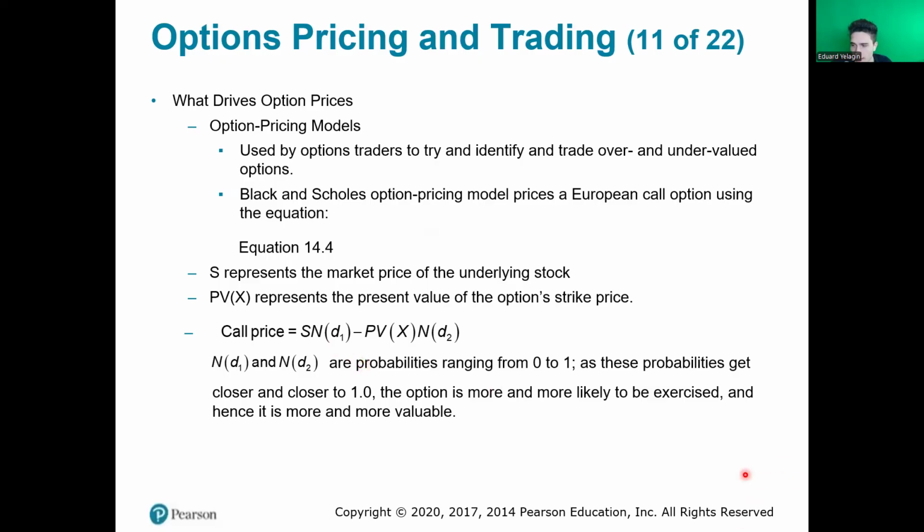Then we subtract the present value of the strike price, which is in our contract, multiplied by another probability: the likelihood the option will end up in the money. In a sense, we can view this formula as the idea that the stock price follows a random walk, and if it has a certain time to expiration and certain volatility, then what is the chance that it will actually be worth something at some point in the future.